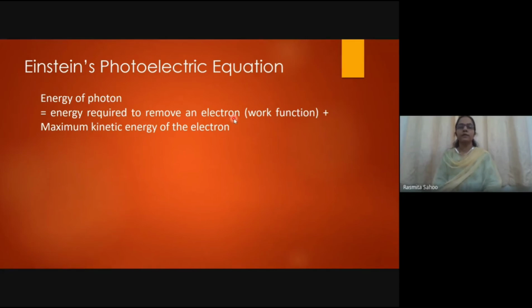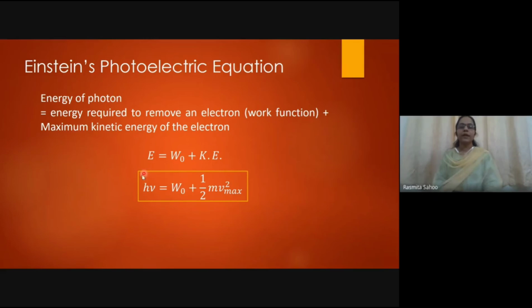The energy required to remove an electron is nothing but the work function, W0, and the maximum kinetic energy, if it is moving with a maximum velocity v, can be written as half m v max square. Here m is the mass of the electron and v max is the maximum velocity, so this is the kinetic energy. W0 is the work function of the material.